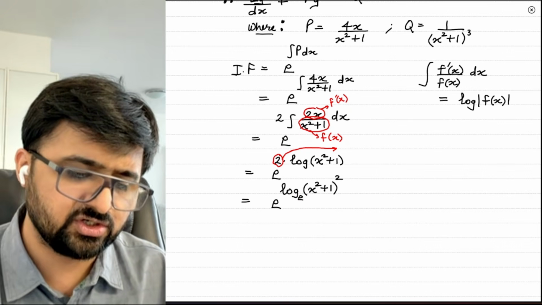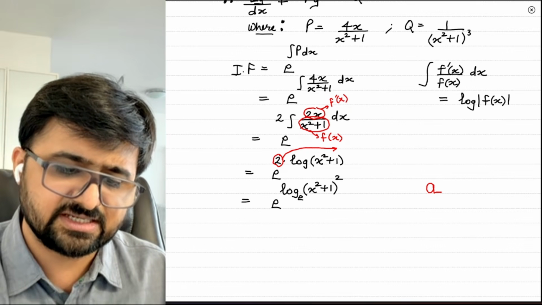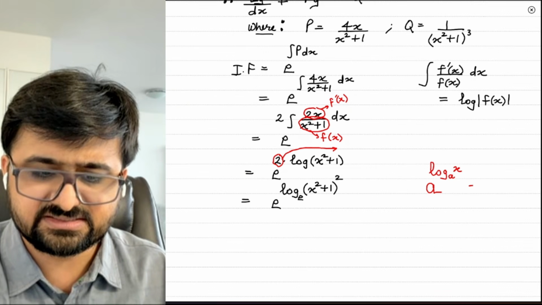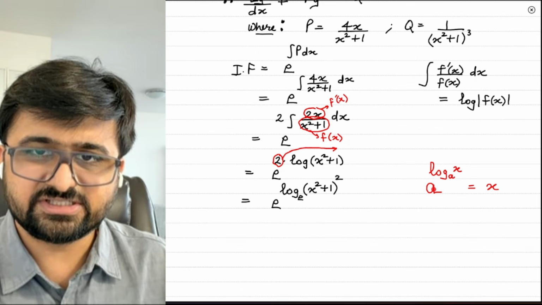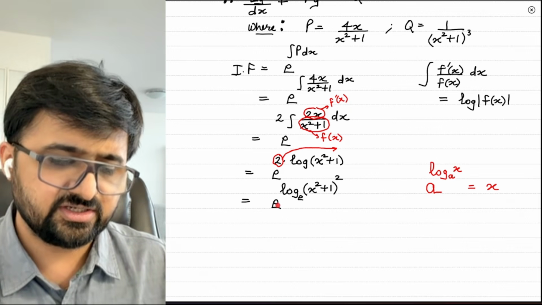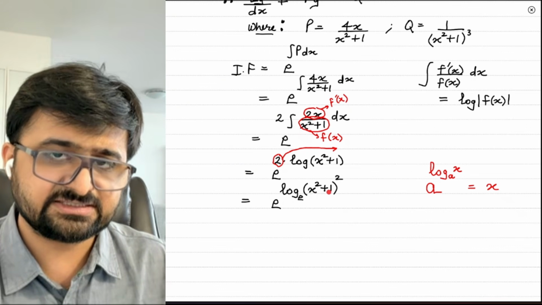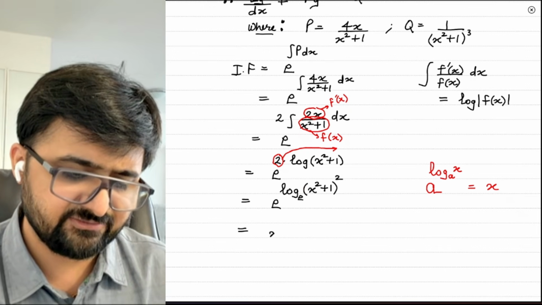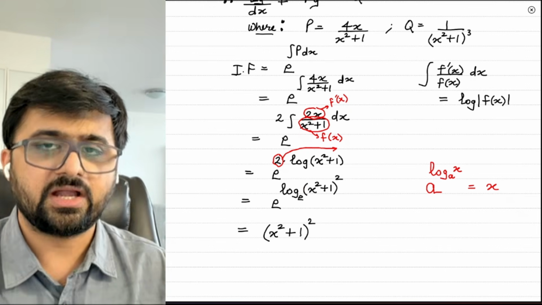Because the base of the log is e, we know the property that if you have log to the base a of x, this is nothing but x. If the base of the log equals the number in the base here, the result is just x. Here this e and this e are the same, so the result will just be x square plus 1 the whole square. So your integrating factor is x square plus 1 the whole square. I hope that makes sense.